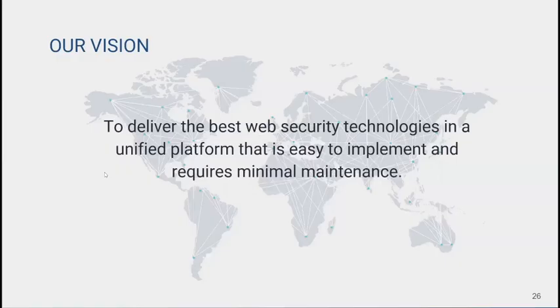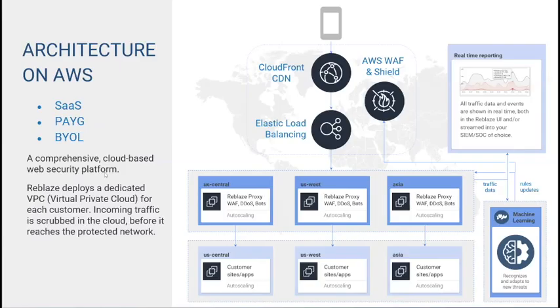So Reblaze's vision is a fully managed and unified web security solution that is easy to deploy and requires minimal maintenance. The service leverages the cloud's capabilities while ensuring privacy and almost zero latency. Reblaze is fully integrated within AWS with three options that the customer can choose: SaaS, pay as you go, and bring your own license.